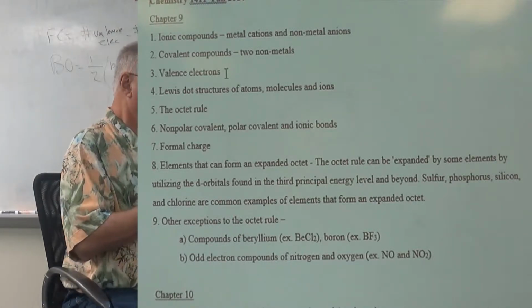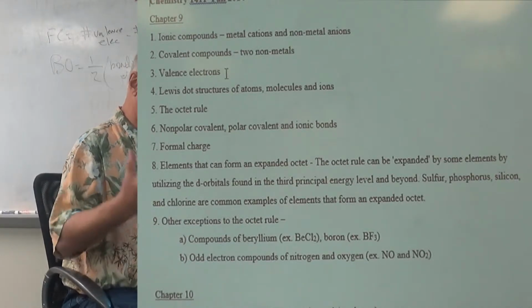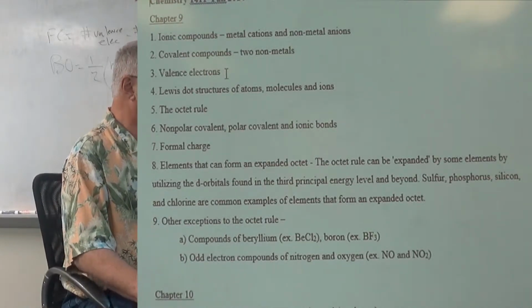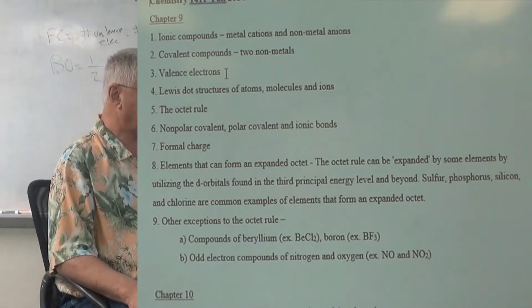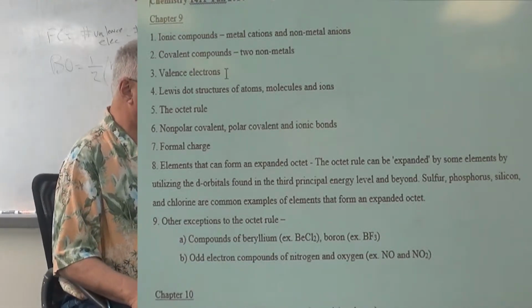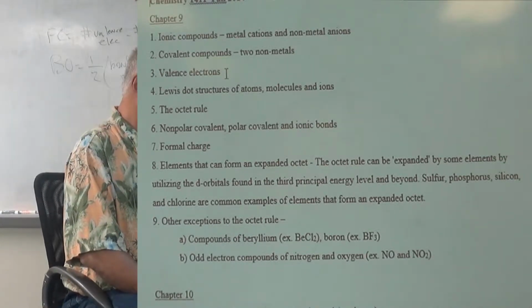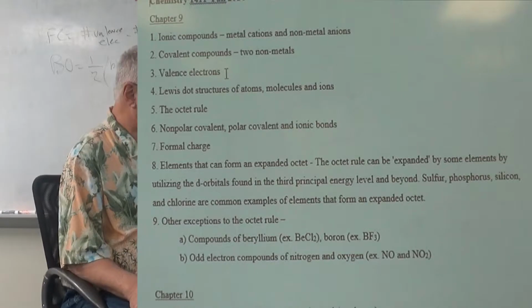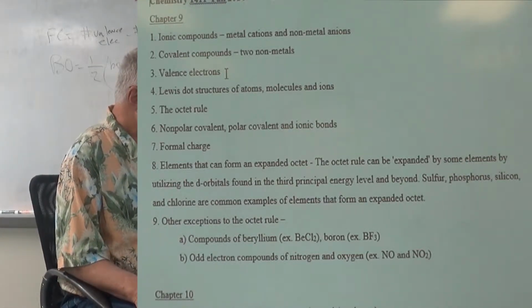And so oxygen typically forms 2 covalent bonds, and that gives it an octet in its valence shell. Nitrogen typically forms 3 covalent bonds, and that gives it an octet, and so on. And so you only need to be able to understand really simple Lewis dot structures.